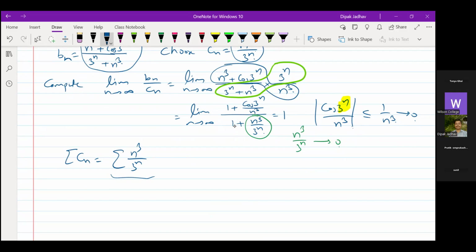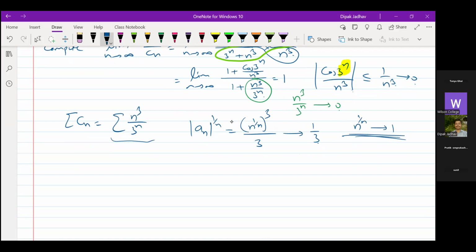If I use the root test, what am I going to get? Mod an raised to 1 by n. What will that be? n raised to 1 by n, whole raised to 3 divided by 3. Where does it go? 1 by 3. Because we already noted this special kind of sequence, n raised to 1 by n goes to 1 as n becomes large.